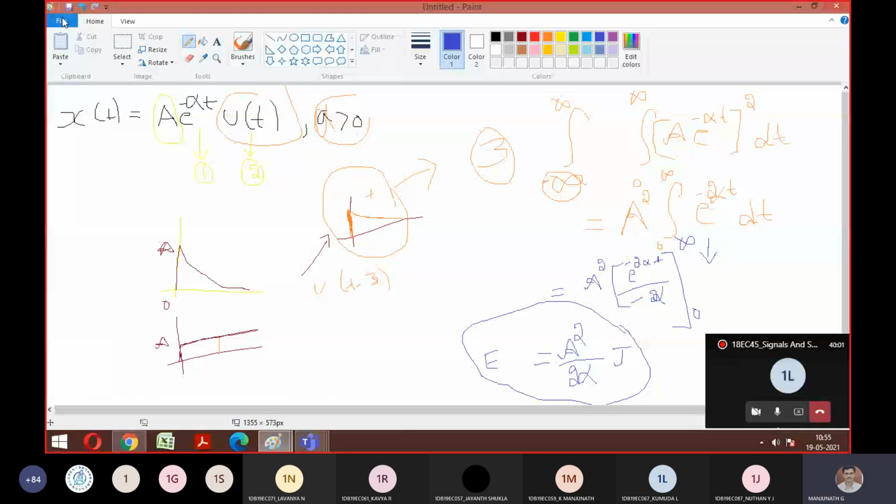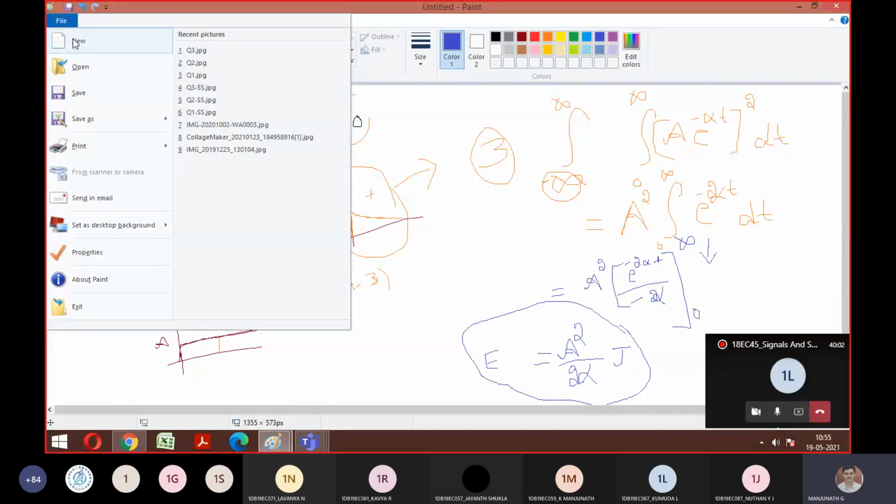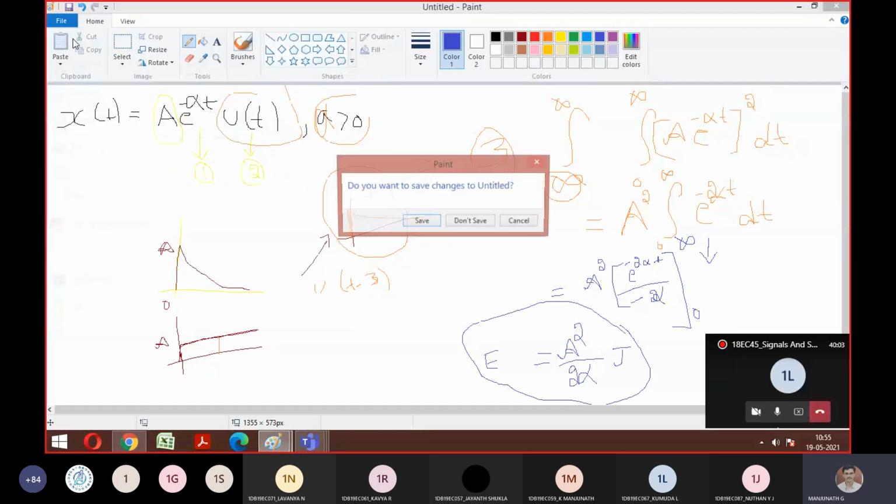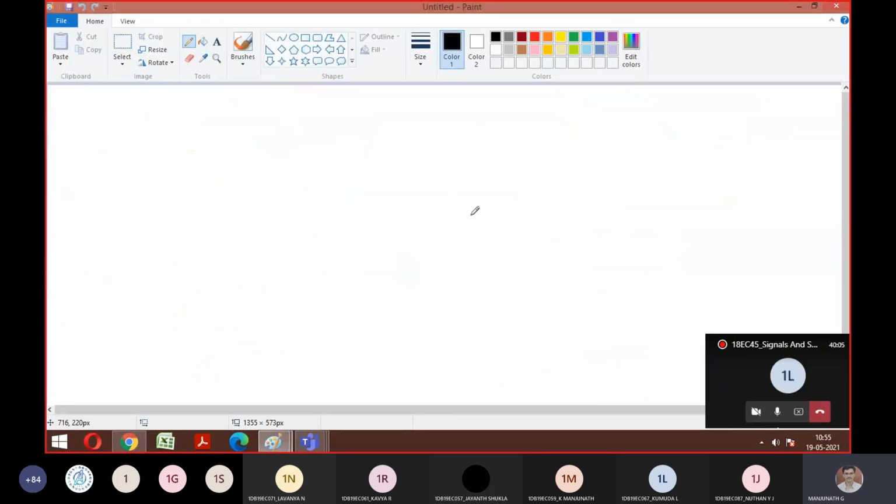Put on the next question. Obtain energy or power as applicable for the following signals. So they are given signals for you.